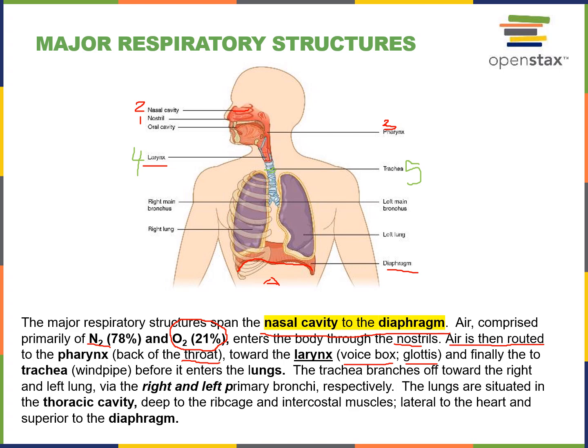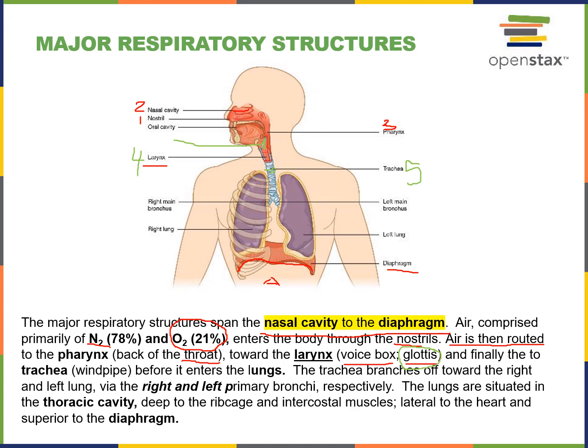But there is an important structure, which even though it's not labeled, is shown in this diagram, right here. That's called the epiglottis. The epiglottis is a flap of tissue which covers the glottis, the opening to the voice box, which is the opening to the trachea.